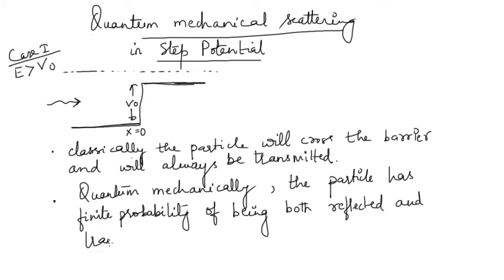Now we'll try to see how we can show this. Transmitted where? In region 2. If I call this region 1 and I call this region 2, then the particle has finite probability of being reflected and transmitted.